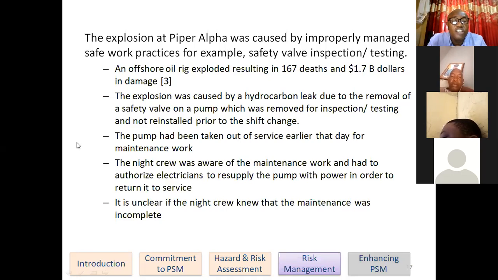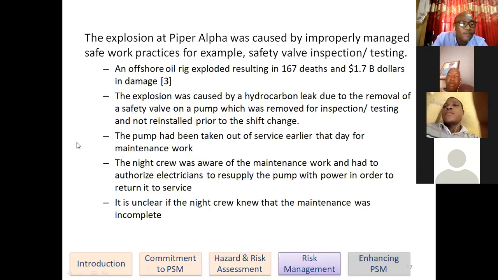The explosion was caused by a hydrocarbon leak due to the removal of a safety valve on a pump, which was removed for inspection and testing and not restored prior to the shift change. The pump had been taken out of service earlier that day for maintenance work. The night crew was unaware of the maintenance work and had to authorize an electrician to resupply the pump with power in order to return it to service. It is unclear if the night crew knew the maintenance was incomplete.